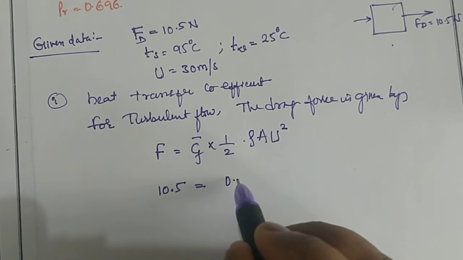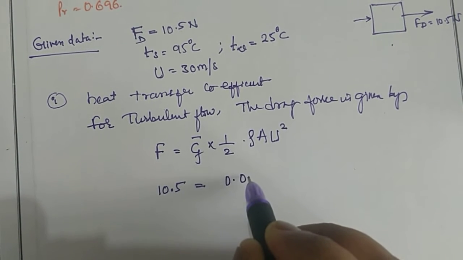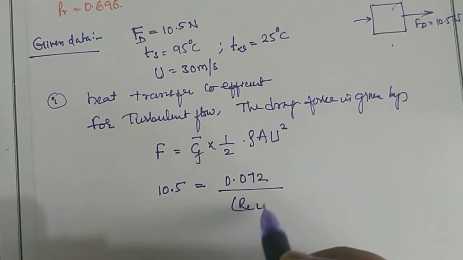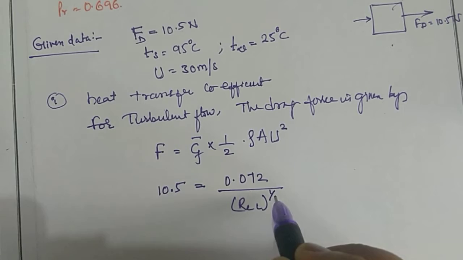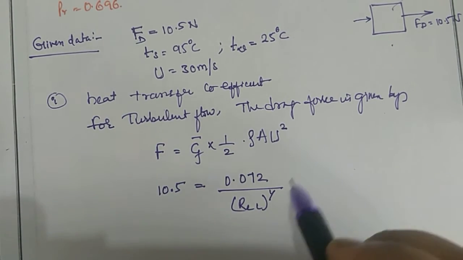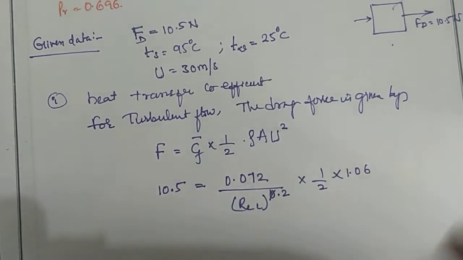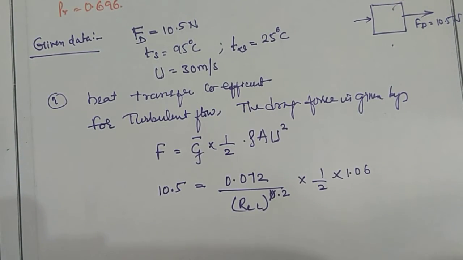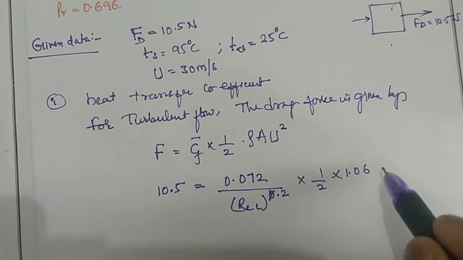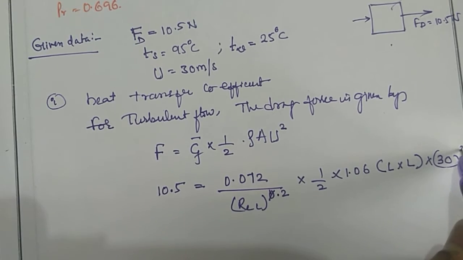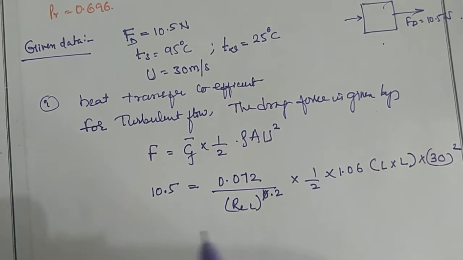Cf is given by the constant equation 0.072 divided by Reynolds number to the power of 0.2, into half into 1.06 density, into area L into L, into 30 square.